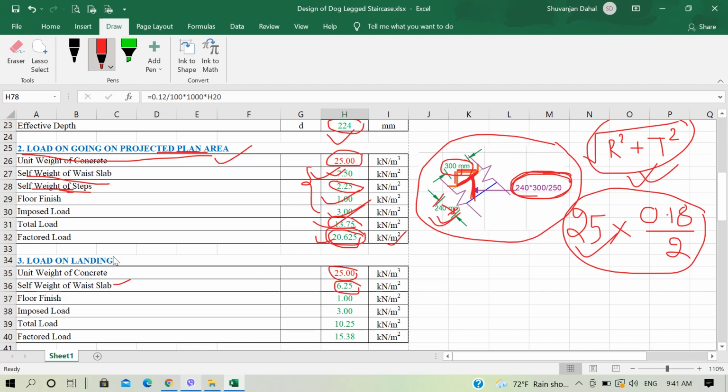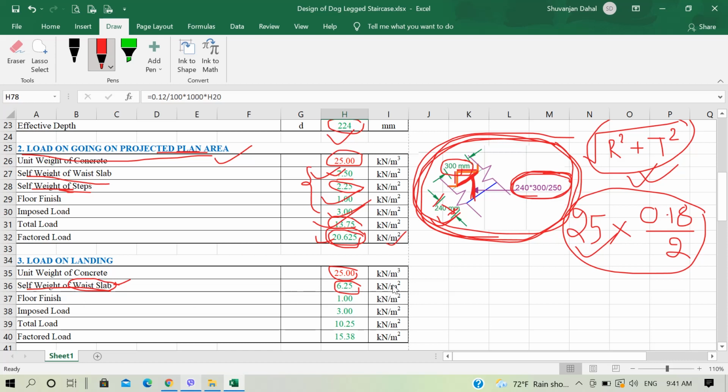Since our landing is already horizontal, we don't need this much calculation that we have done previously to determine the vertical thickness of our slab. We can just multiply the unit weight of concrete with the thickness of slab to determine the self weight of that landing slab. Here I have written self weight of waist slab. This is not waist slab. Make correction here. This will be landing slab.